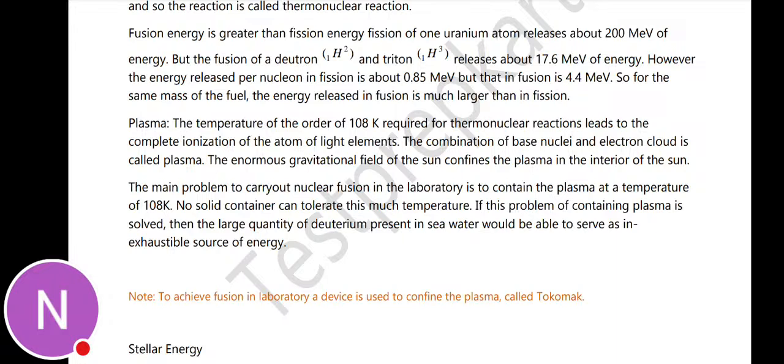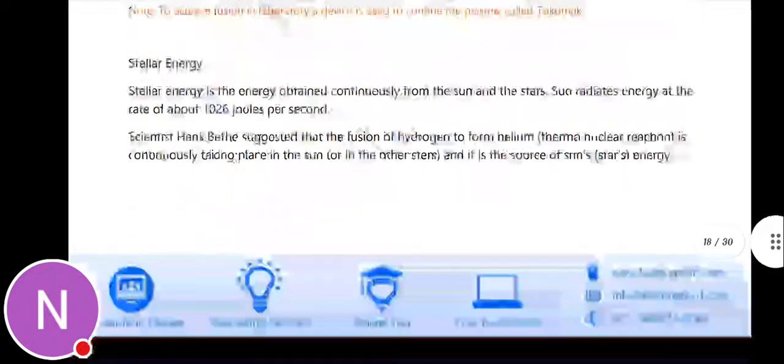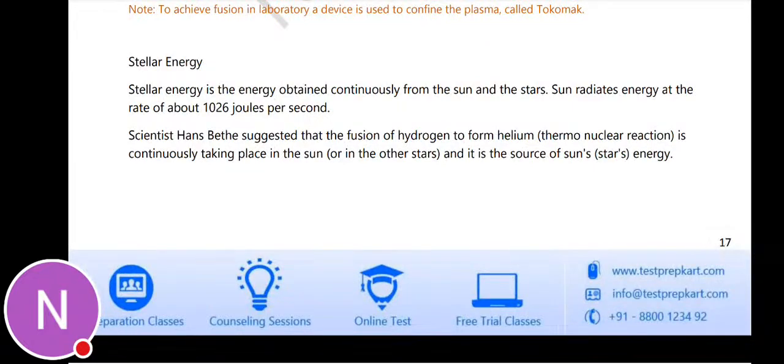If this problem of containing plasma is solved, then the large quantity of deuterium present in seawater would be able to serve as an inexhaustible source of energy.